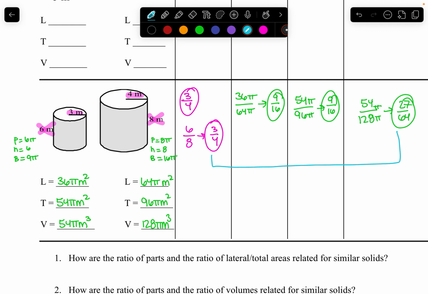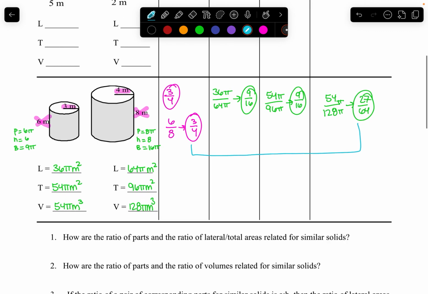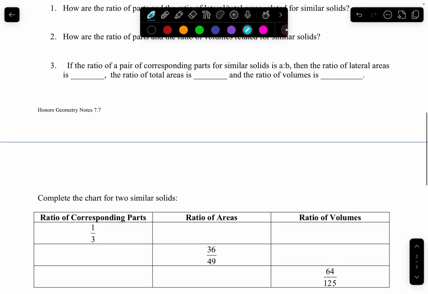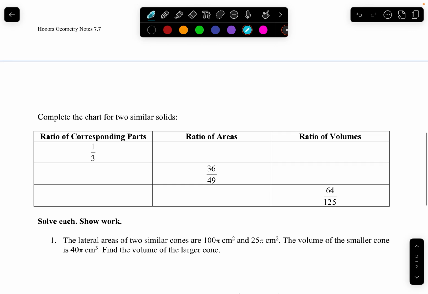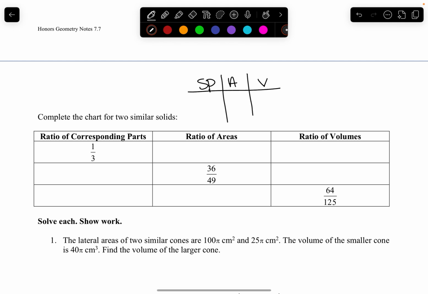So anytime that we have an area, it's our side length squared, and then anytime that we've got our volume, it's our side lengths cubed. Okay? I don't really care about all that. So here's what we're going to do. We now have a SPAV chart. So we're just adding on a third value there, which is volume. So remember that your ratio of areas is always going to be squared, and your ratio of volumes is always going to be something to the third power.